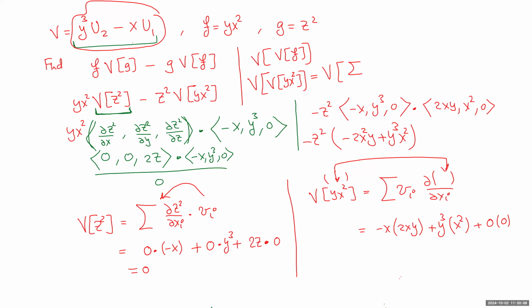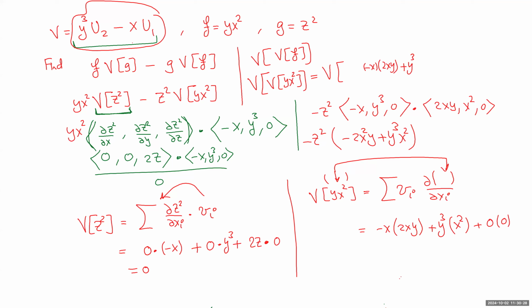V1 is the vector, so it's negative x. Let's just ignore the summation and do it directly. So V1 is like this, then partial this with respect to x, then we have y cubed.